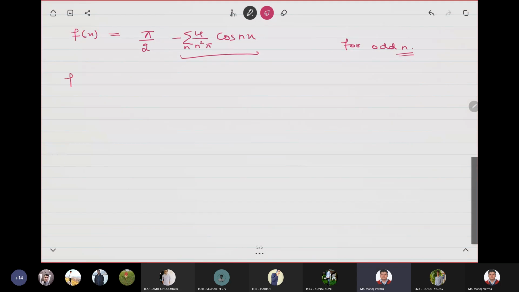So I can simply expand this as pi by 2 minus 4 by pi, which I am taking outside, and inside it is valid only for odd n's. That means cos x by 1 square plus cos 3x by 3 square plus cos 5x by 5 square, and so on.